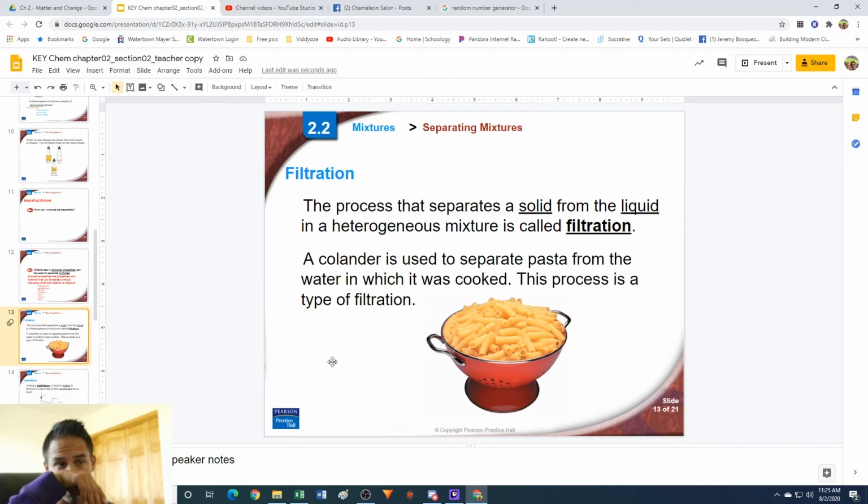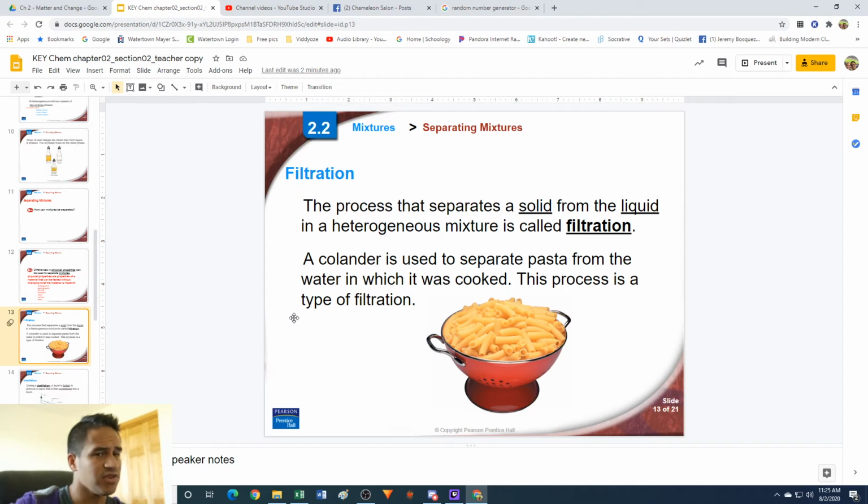So they get stuck, they get trapped, and essentially then you separate them out. Okay, after you've separated these two things, the water or the liquid is still water, and the noodles are still noodles. So you haven't changed what they are, which means that it was a physical process to separate them out.